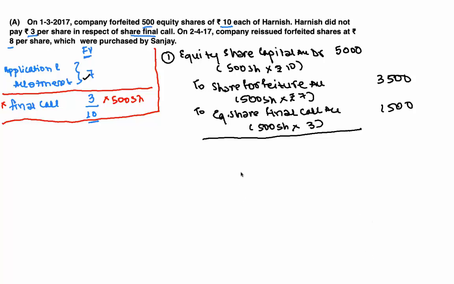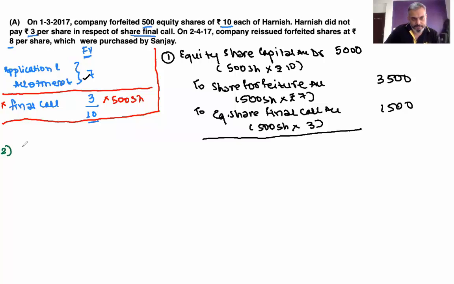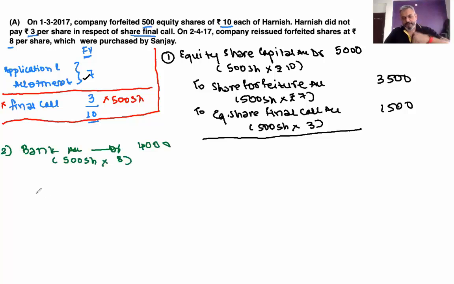Now all these shares what we have forfeited, we are going to reissue at rupees 8 per share. So second entry, bank account debit, number of shares, we are reissuing 500 shares at rupees 8 per share, so 4,000. Now 10 rupees ka share we are reissuing at 8. So 2 rupees is the discount what we are giving from the amount what we have forfeited.